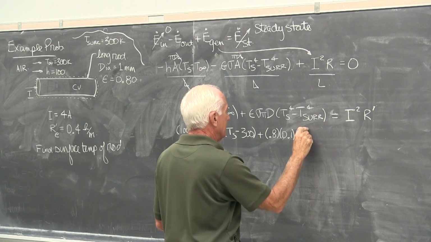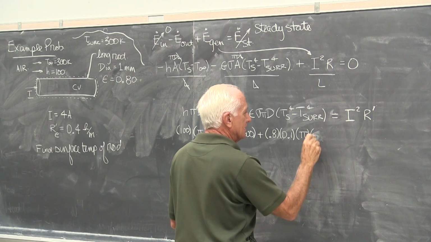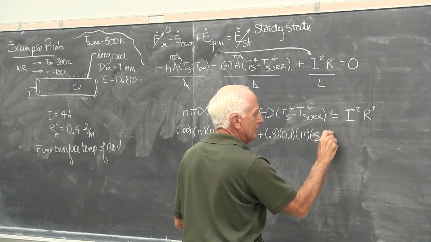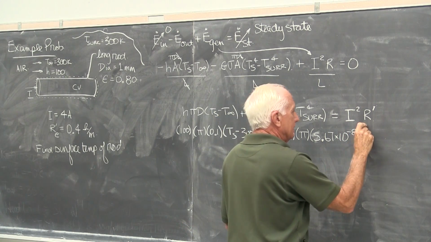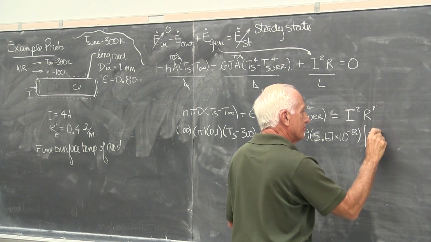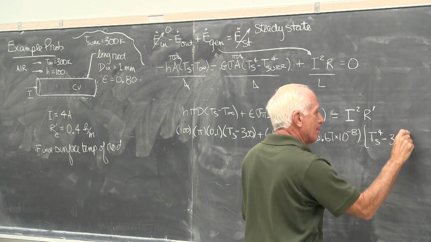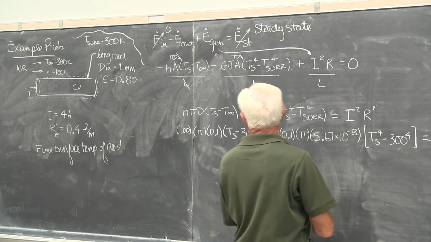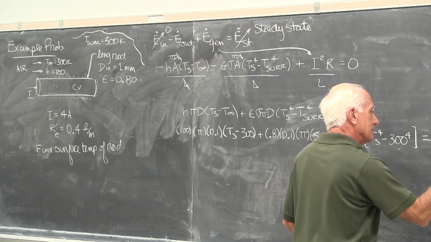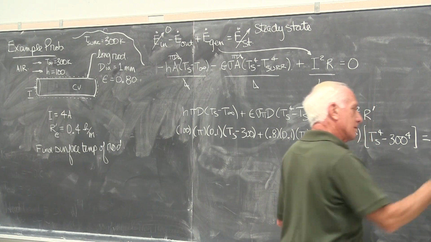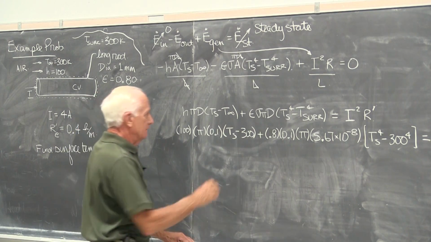Pi, sigma, 5.67 times 10 to the minus 8, (Ts to the fourth minus 300 to the fourth) equal I squared, 4 squared, 0.4, R prime. Solve for Ts.